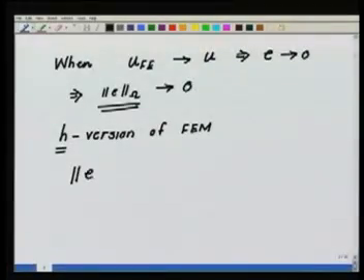When u is smooth, it turns out that this quantity goes as some constant times h to the power of p, where p is the order of approximation that we have and h is the mesh size. You see that this is exactly like what we obtained in the 1D case. Now, when the solution is unsmooth, let us see what kind of unsmoothness we are talking about.